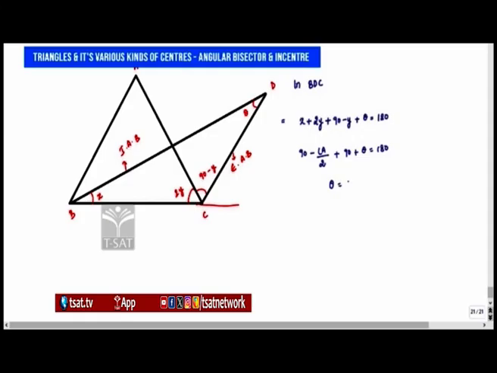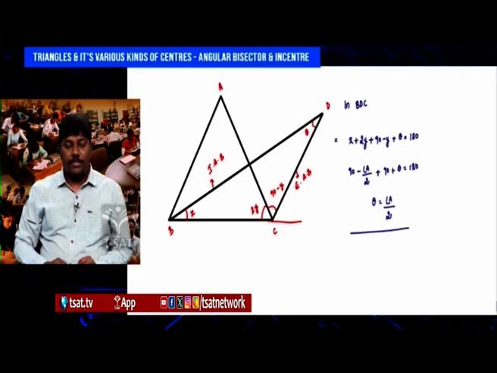Theta here is equal to angle A by 2. So when one internal angular bisector and one external angular bisector meet, the angle formed here is nothing but the third angle by 2.